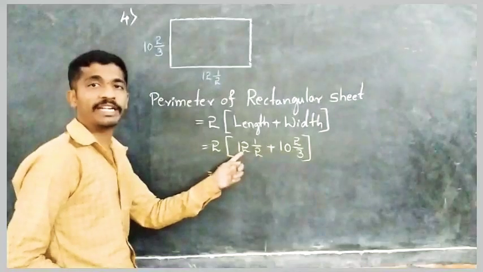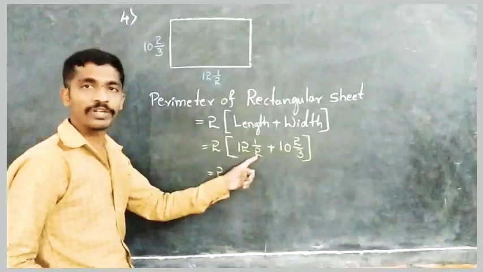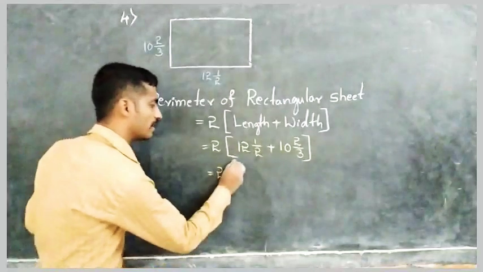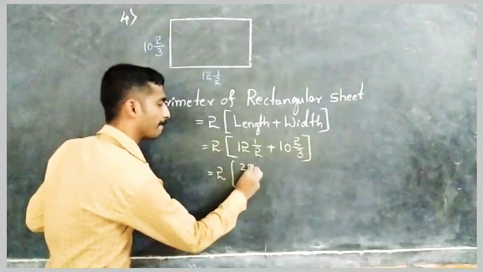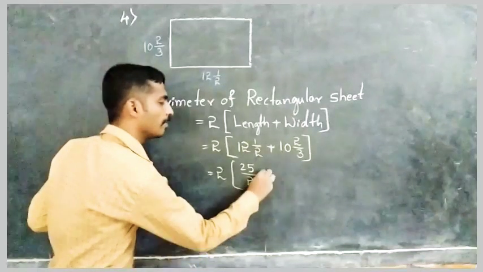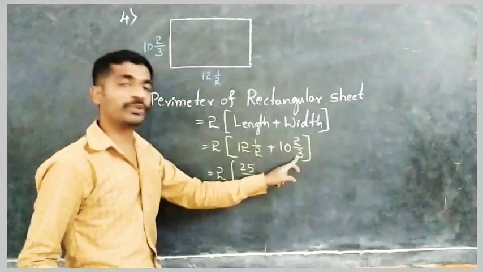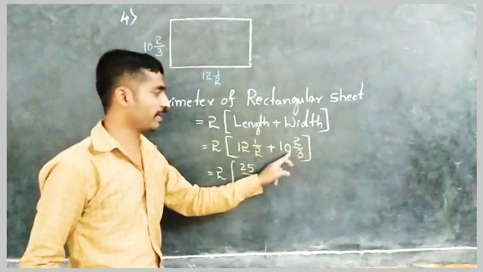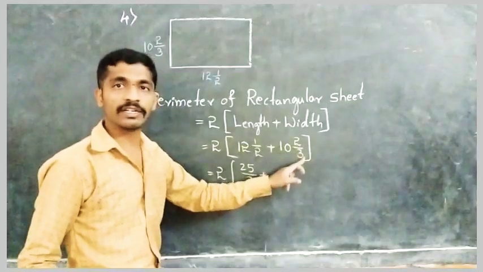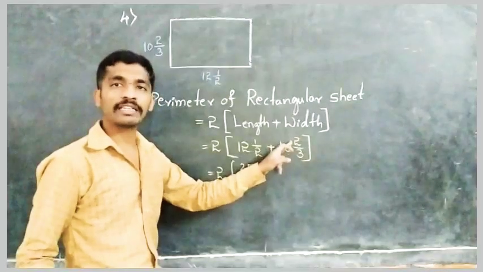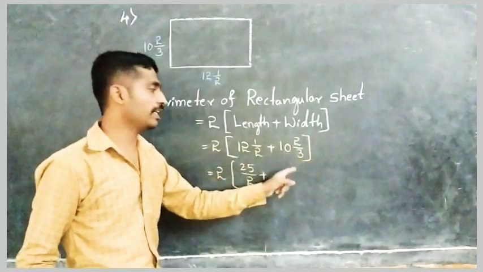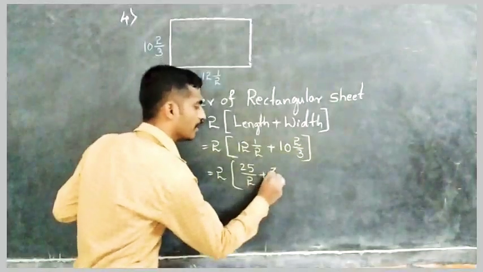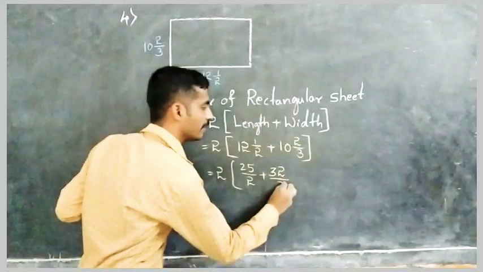Multiply the denominator with the integer: 12 2s are 24, 24 plus 1, that is 25 by 2. Plus here 10 into 3, that is 30, 30 plus the numerator 2, so 32 by 3.